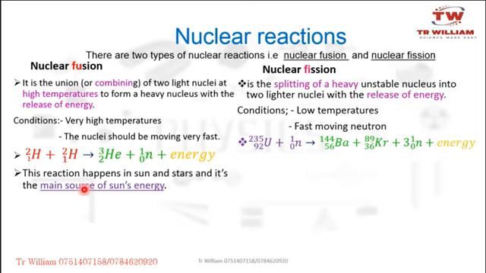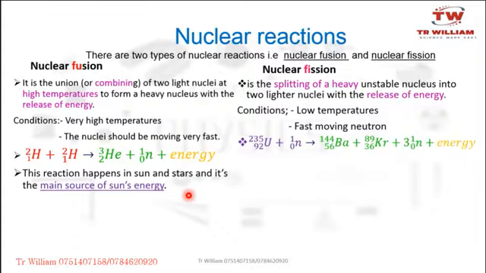Now, even in our sun, it has these hydrogen atoms or helium nuclei which keep fusing together. As they are fusing together, like let's say as one hydrogen is joining with another hydrogen to produce a helium, there is a lot of energy that is produced, and that energy is what we receive here as sunlight, the heat coming from the sun.